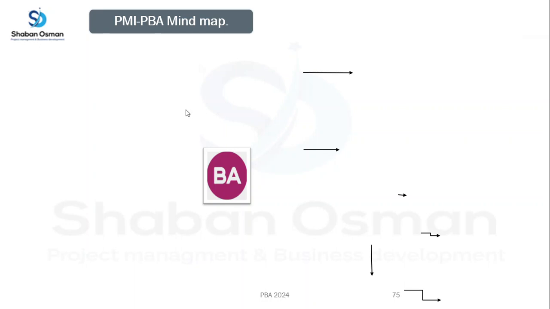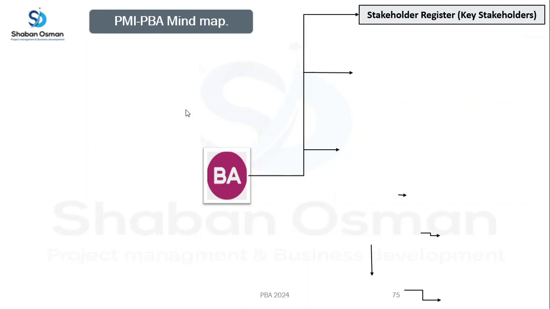Actually, if you were assigned as a business analyst in any organization, you have to start by identifying the key stakeholders. Key stakeholders means the business people, the key cross-functional stakeholders, the department managers, the functional managers, and so on.